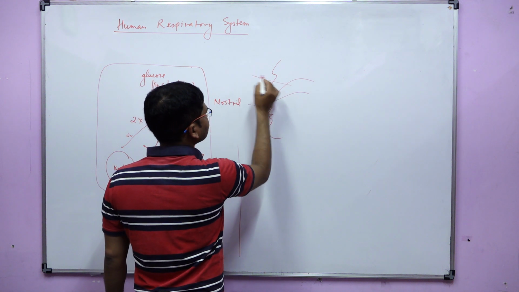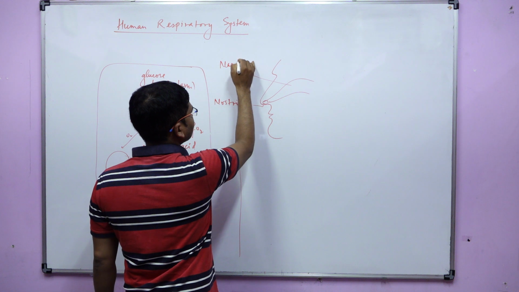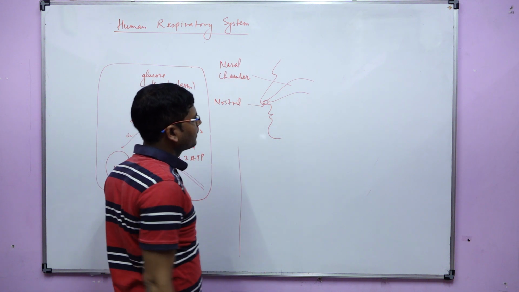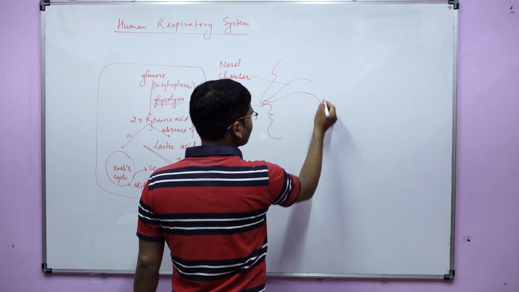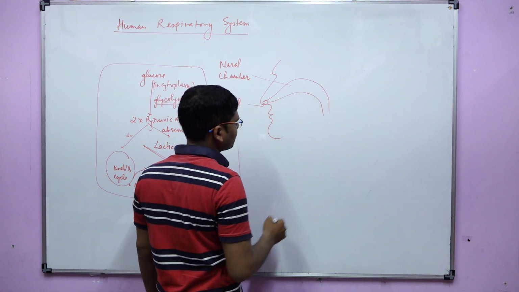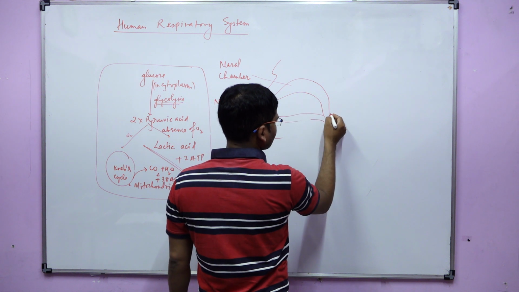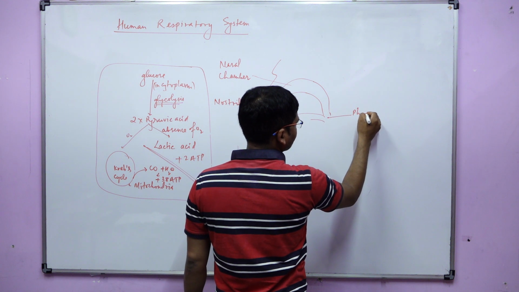Then we have the nasal chamber. When the air goes on, there is a common point where the mouth and the windpipe meet, and this point is called the pharynx.